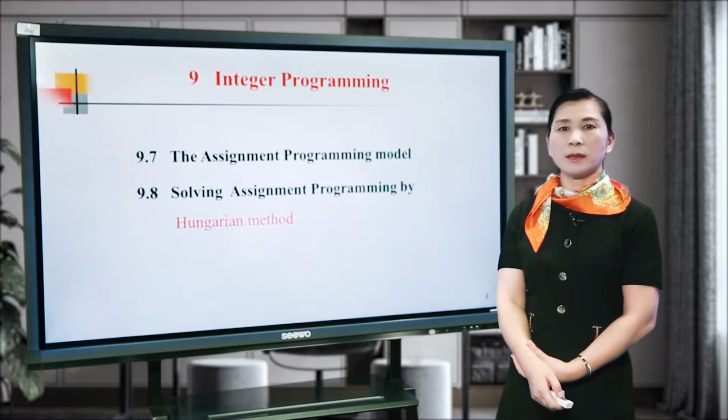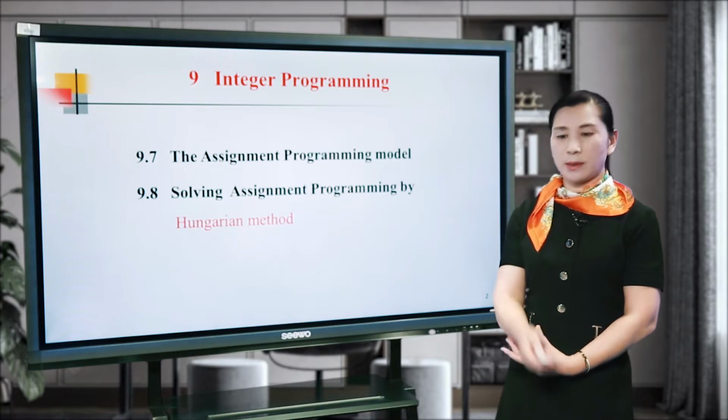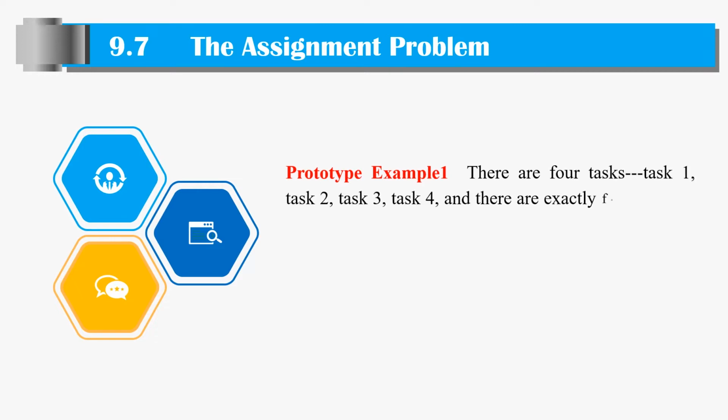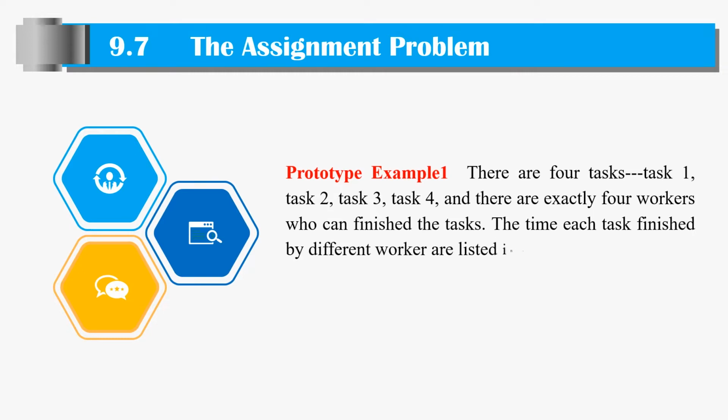Now we see an example, a prototype example. Prototype example 1. There are four tasks: task 1, task 2, task 3, and task 4. And there are exactly four workers who can finish the tasks. The time each task takes for each worker is listed in the following table.